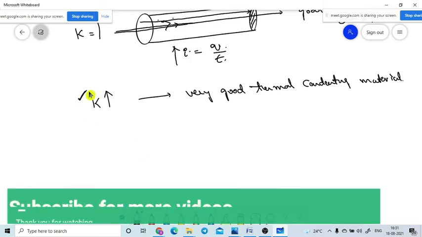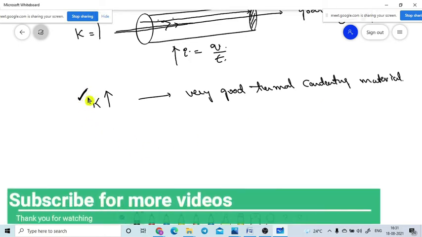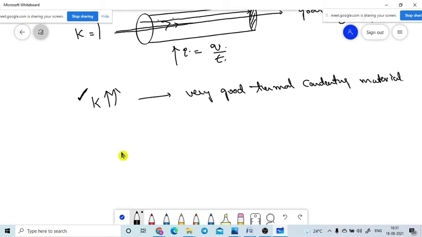We need to go to the coefficient of thermal conductivity. If the K value is the best one, it is a good thermal conducting material. If the K value is lesser, they will allow less heat energy through this one. That is the poor conductor. They will name it as a poor thermal conducting material.